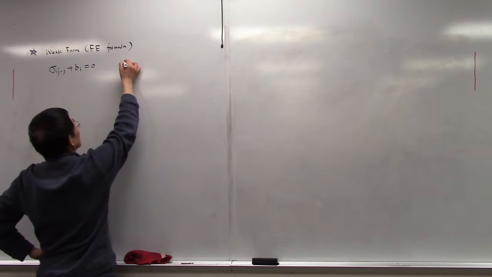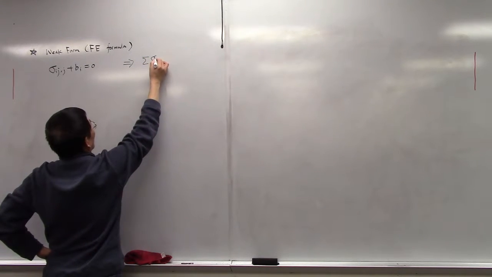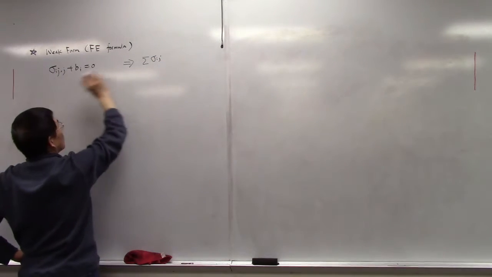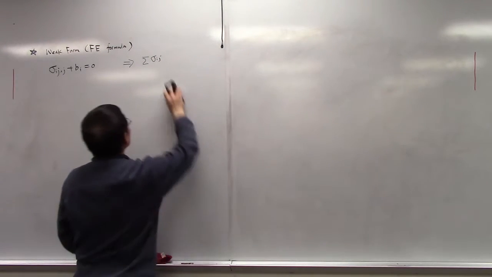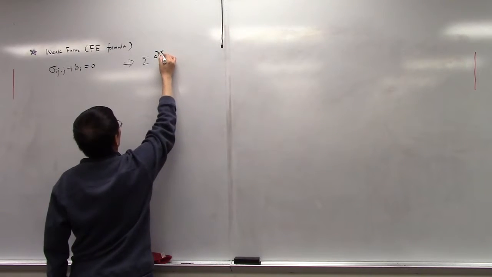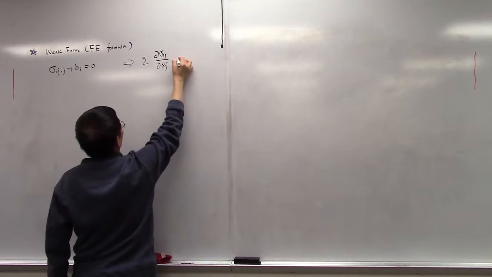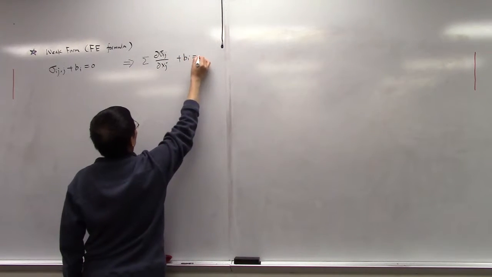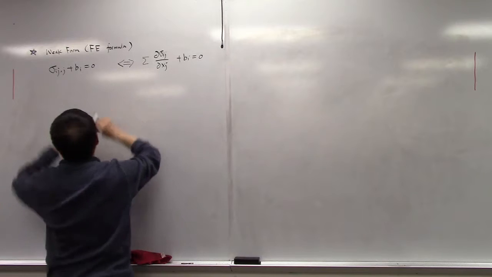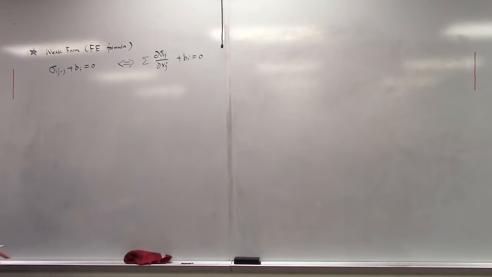It really means this: summation of sigma ij, and again this comma means partial differentiation. So I should write it as partial sigma ij over partial xj plus bi equals 0. So this expression actually means that. Okay. All right, we start with that.